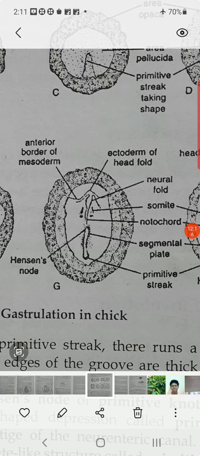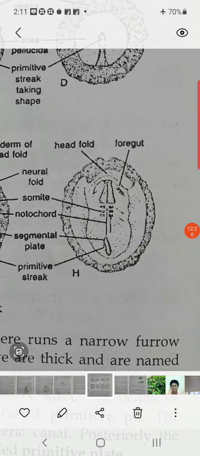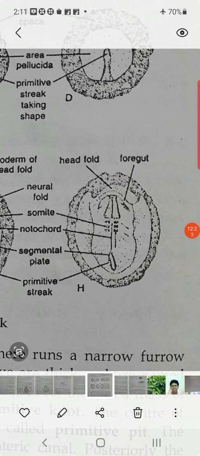So from the notochord, in future the vertebral column is developed. See, now this process is going on, and as cells destined to become notochord and mesoderm migrate into the interior of the embryo, the material which forms the primitive streak becomes gradually exhausted.